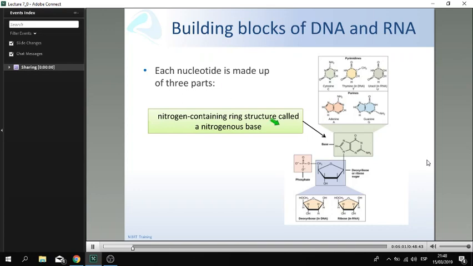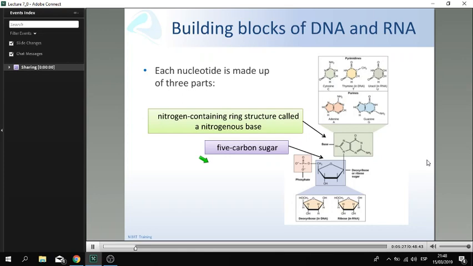So you can see up here that we have pyrimidines and we have purines. So this is the structure of cytosine. This is the ring that we find in thymine in DNA. In RNA, we have a slightly different version, which is called uracil, and then this is the structure of adenine and the structure of guanine. So they're different depending on the nucleotide.